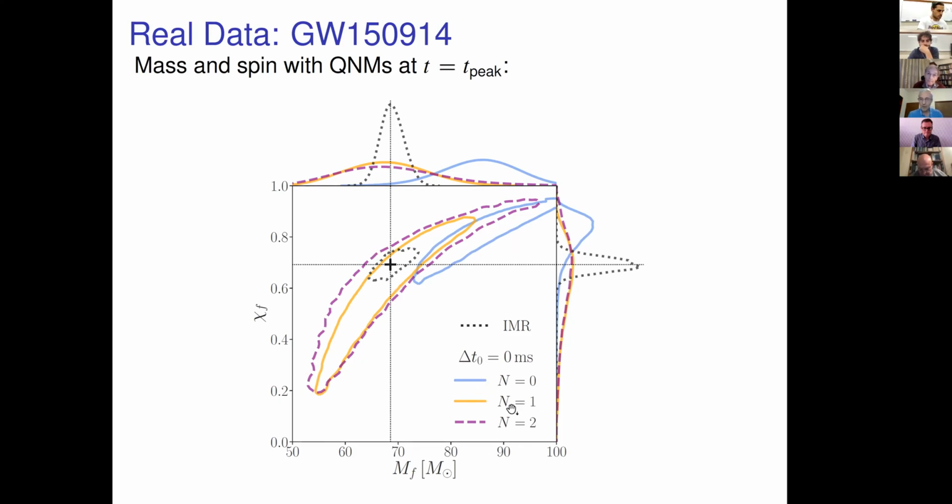If we add 1 overtone, we get the orange oval here, which includes the true value. If you try 2 overtones, it's a little less biased, but now you're starting to pick up the noise, so the error bars are bigger. You get a bigger area enclosed here. So I think that what the data tells us is the data is good enough to pick out 1 overtone, but you don't really do much better by adding a second.